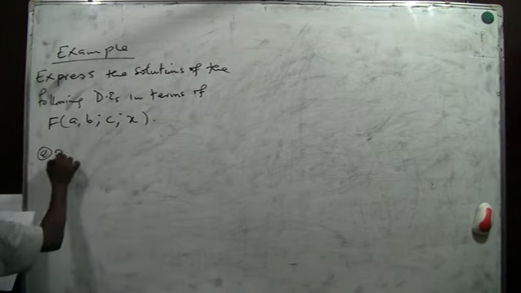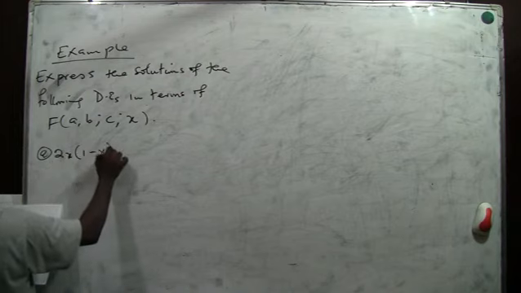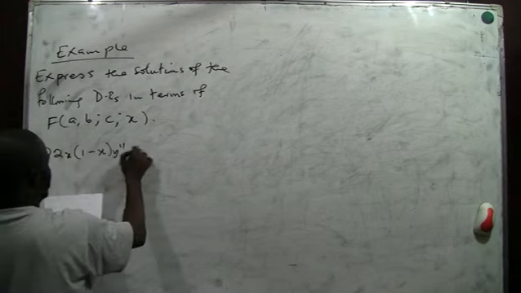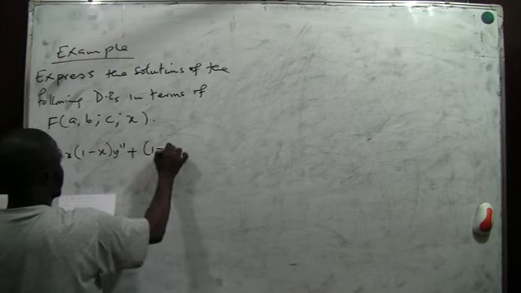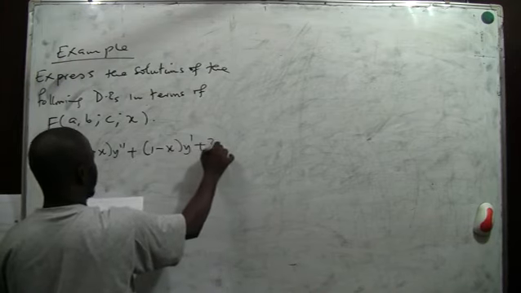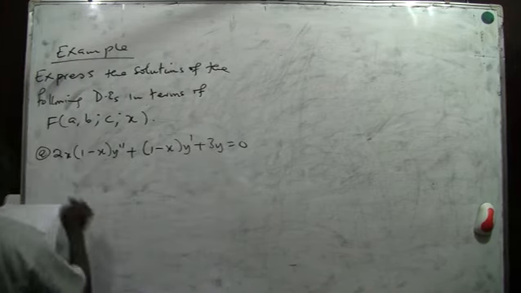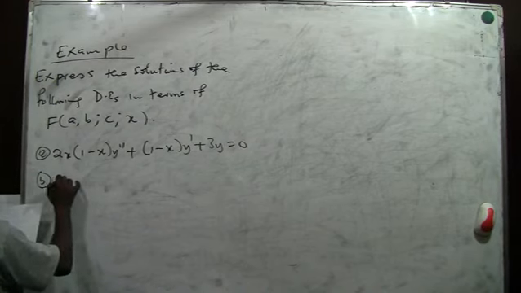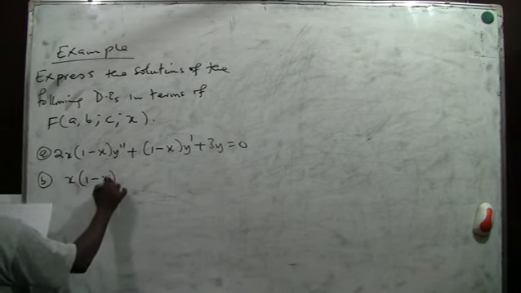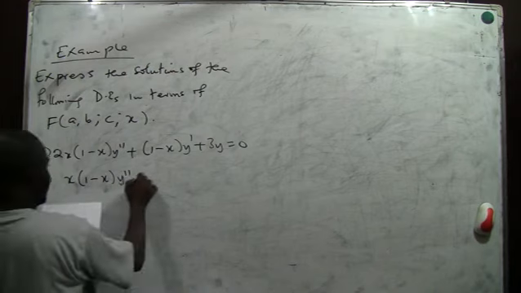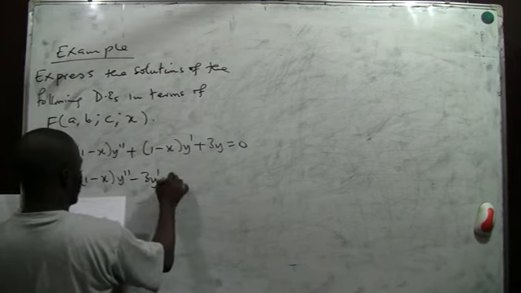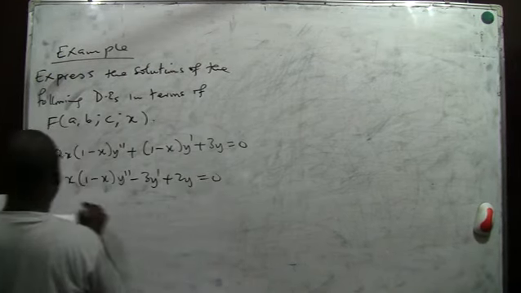A: 2x(1 minus x)y'' plus (1 minus x)y' plus 3y is 0. B: x(1 minus x)y'' minus 3y' plus 2y is 0.